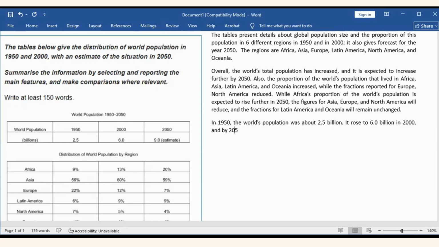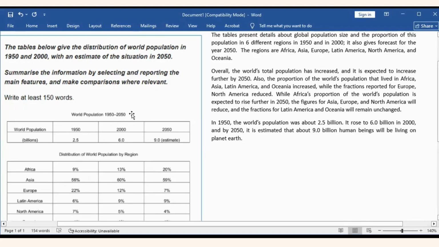And by 2050, it is estimated that about 9.0 billion human beings will be living on planet Earth. That's it. I've described this first table. Okay? Remember our formula, ladies and gentlemen: X% of Y is Z.